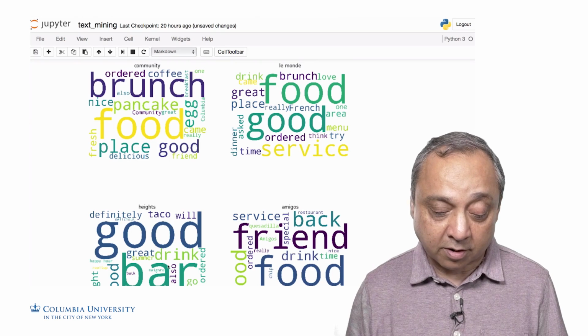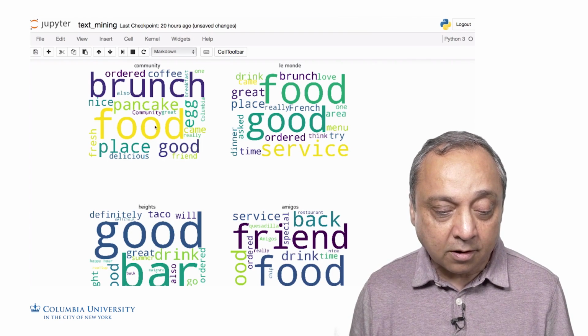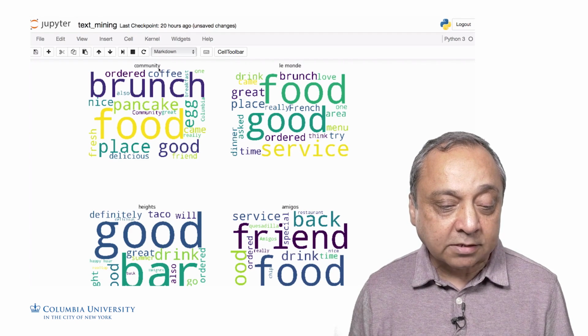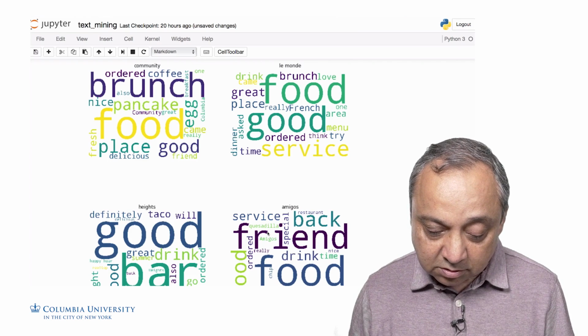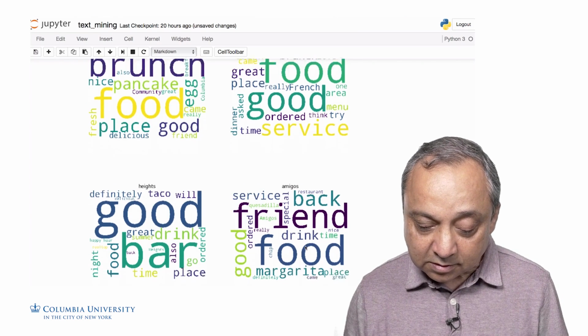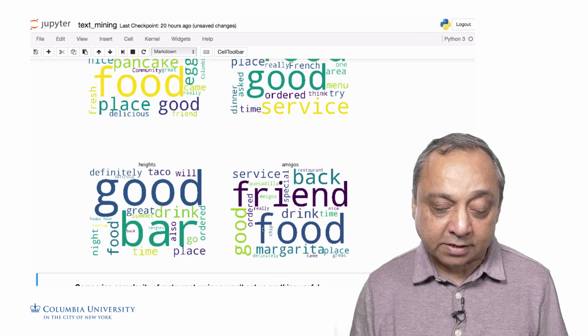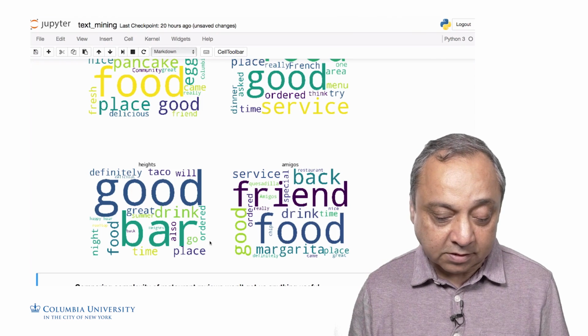People like it because of the bar, and we see bar shows up as a huge word over here. This has pancake, so I guess pancakes are good. Coffee. This probably has burritos, quesadillas, and margaritas. So it's more of a Mexican kind of place, right?